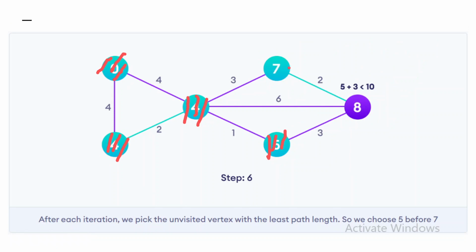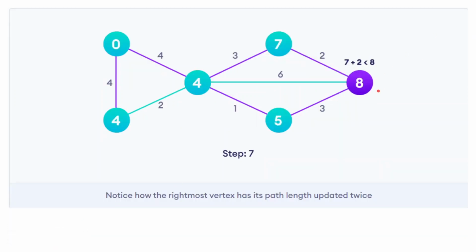As you can see here, you visited all these nodes. The only node that you have left right now is this one, the last node. Here's a calculation for that: when you try with 7, you get 9, which is not less than 8, and you're not going to update it.